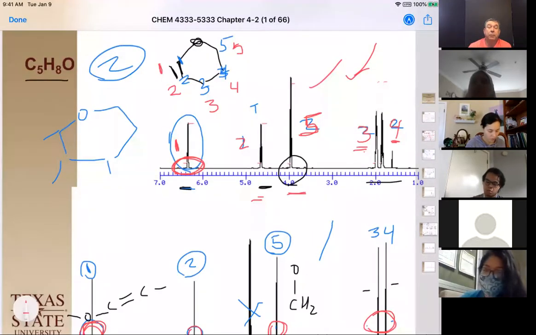Meaning we don't have a methyl group anymore. So we don't have a straight chain because we don't have a methyl group. So that's your indicator for knowing that you're in a ring structure, where CH2s or CHs are apparent instead of the methyl.